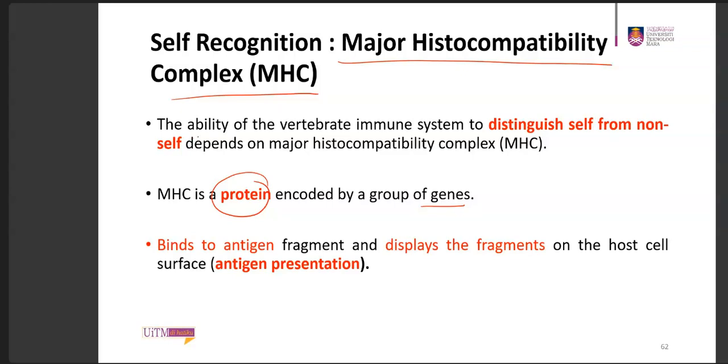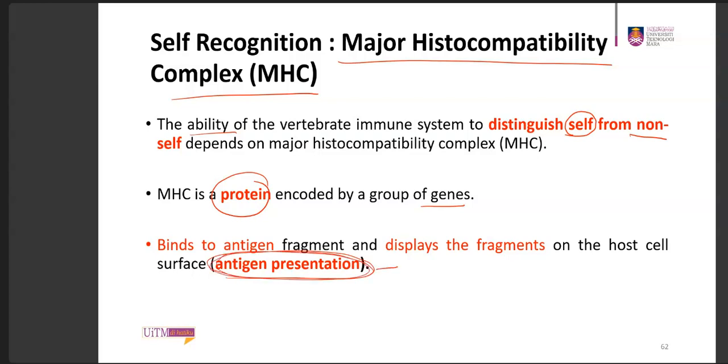So what is the function of the MHC? It is to distinguish, okay? It enables your immune system to distinguish between self-antigen and also non-self-antigen. Okay, self-antigen and non-self-antigen. So it binds to antigen fragment and displays the fragment on the host cell surface, which is antigen presentation.